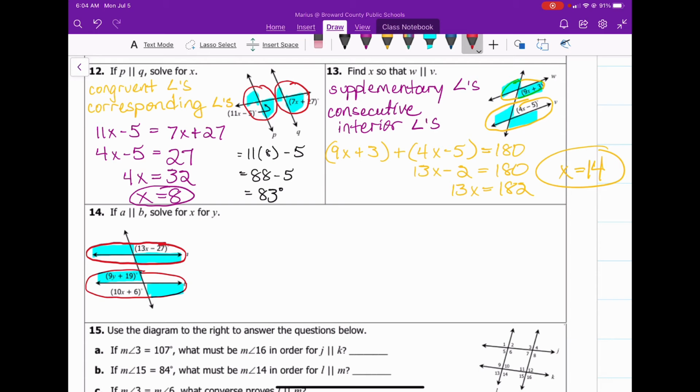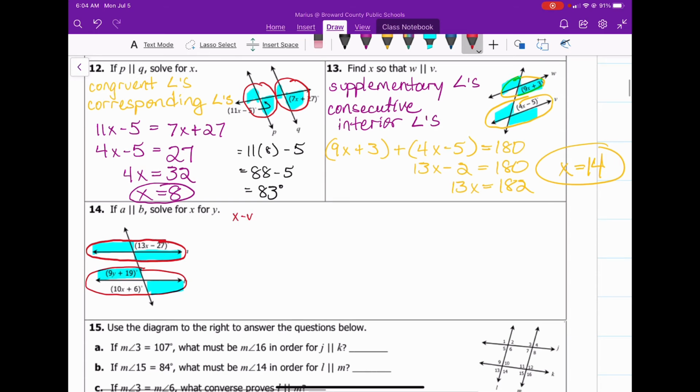Now, if we notice both of the x's, those angles are congruent, and more specifically, they are alternate exterior angles. Okay? So that means that once again, we already know that they're congruent.